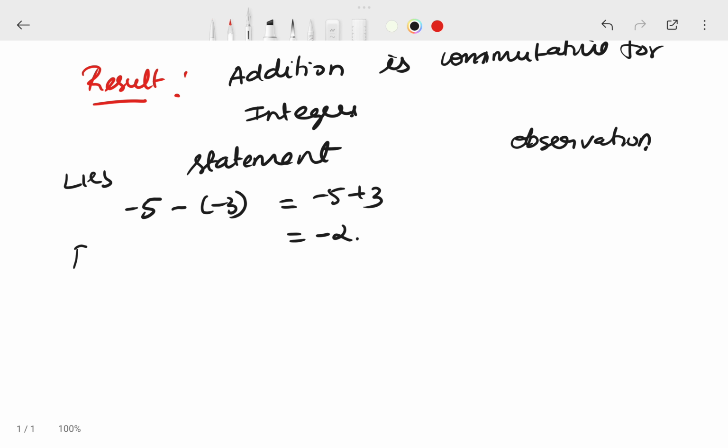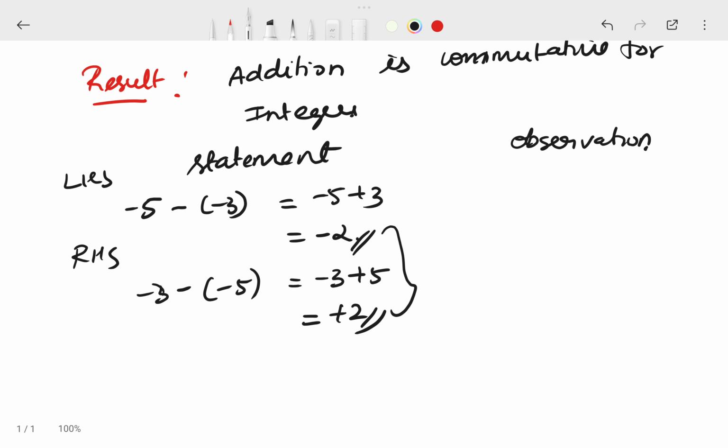Now the right-hand side: -3 minus -5, which is -3 plus 5, which is +2. From this we can say these two are not equal, which means this property is not true for subtraction.